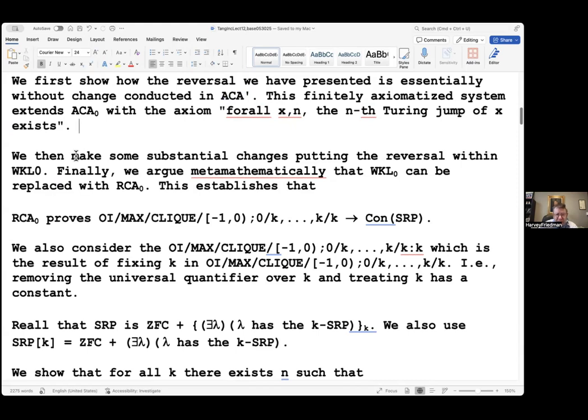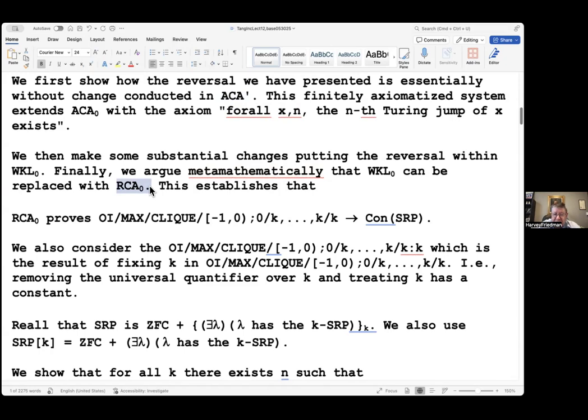Now, we make some substantial changes, putting the reversal in WKL naught after we make very few changes to do it in ACA prime. To push it down to WKL naught takes some discussion. It's not too bad. And then we argue mathematically that WKL naught can be replaced by RCA naught.